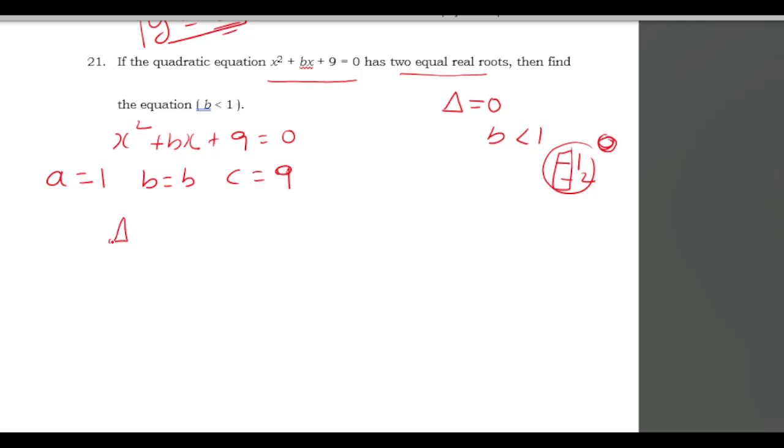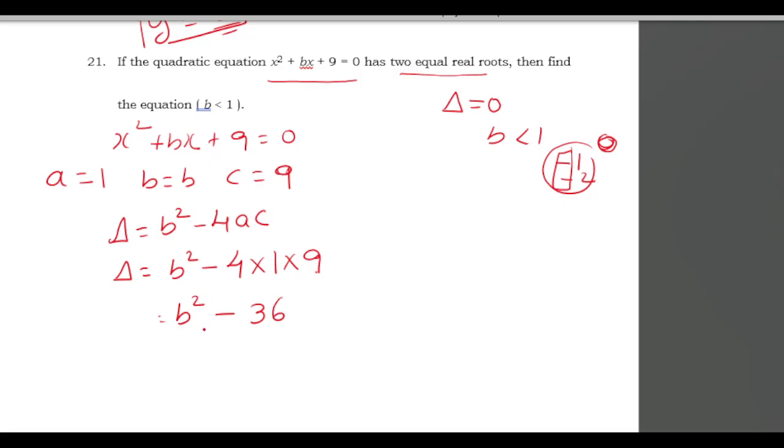Delta is equal to b square minus 4ac. So delta is b square minus 4 into 1 into 9, which is b square minus 36.